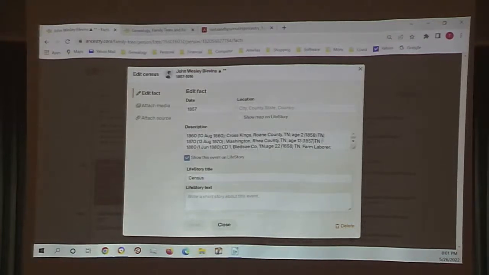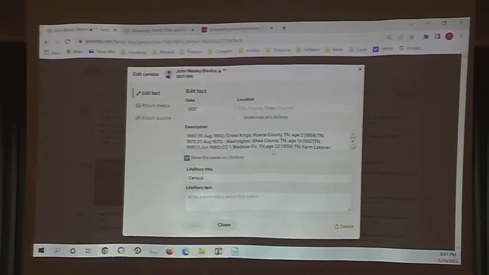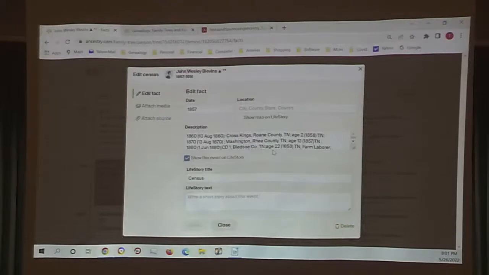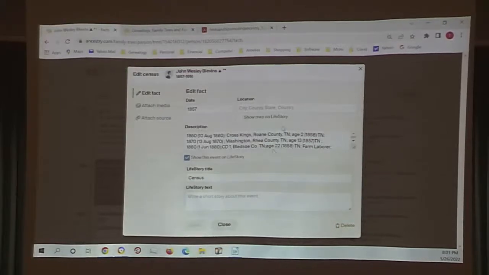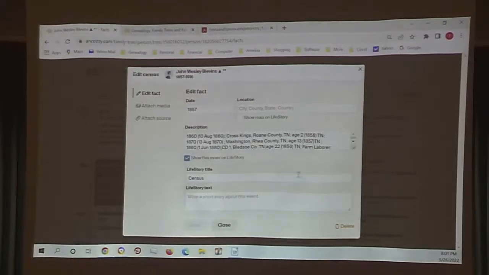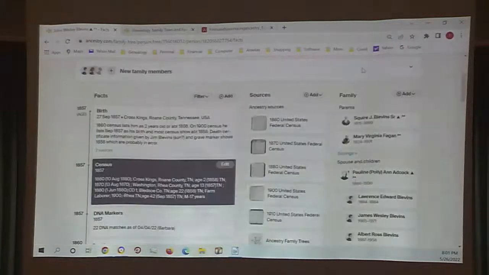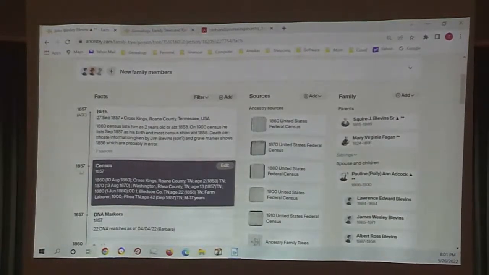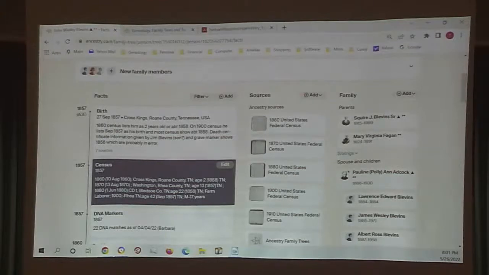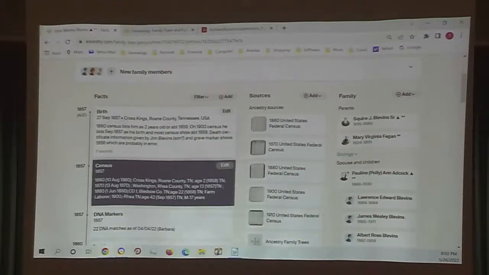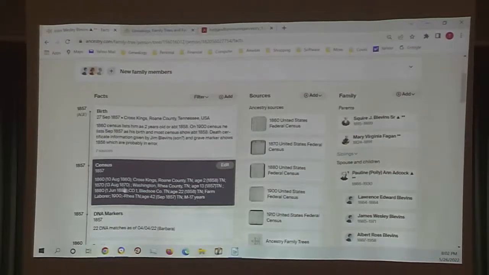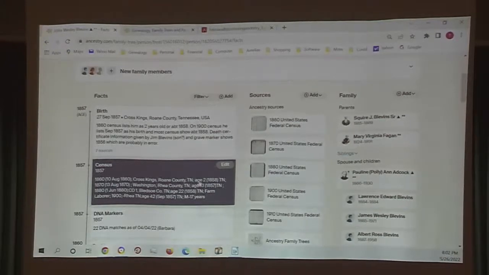So in 1860 he was 2, in 1870 he was 13, in 1880 he was 22. Those all kind of make sense, right? So obviously he was born about 1857, not 1856, right? And I do that underneath the person, as you can see. I create a census record, 1857, same as his birth year, and not what was reported, 1856, on his grave marker, all right?